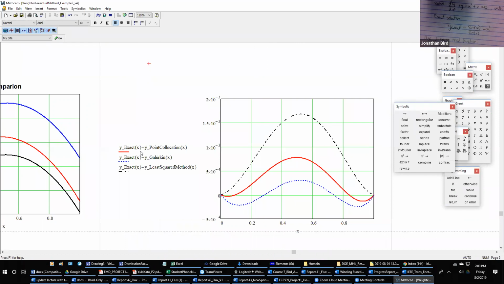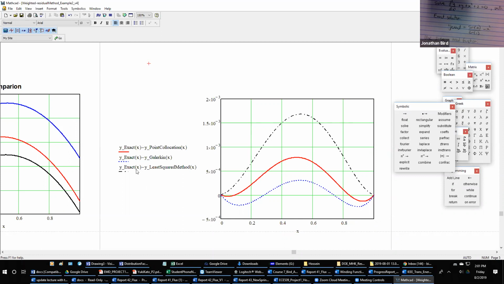We've got the exact, and we minus the point collocation answer, right? So the red one is the point collocation.